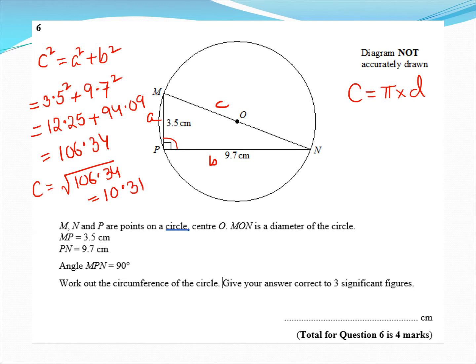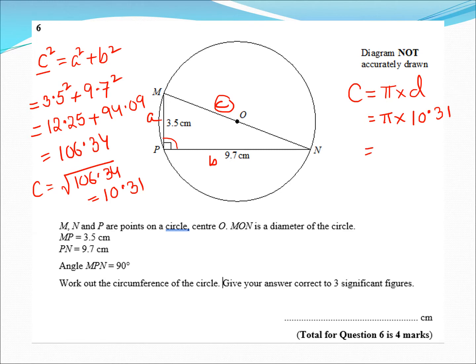Now we're going to use this value to find out the circumference of the circle. So we do pi times the diameter. Now note this is a small c for the Pythagoras theorem, and for circumference I've used capital C, so they are not the same. The small c is the diameter, 10.31.